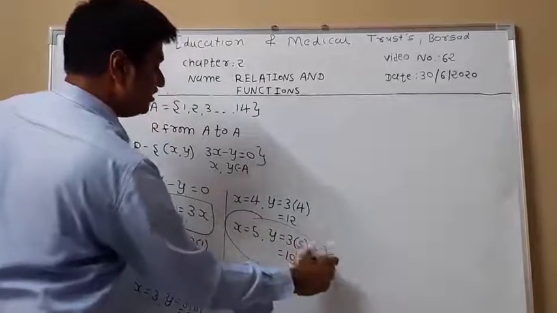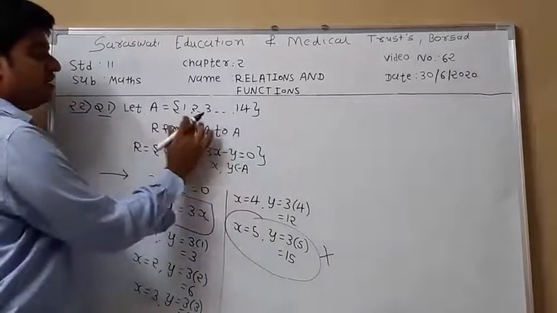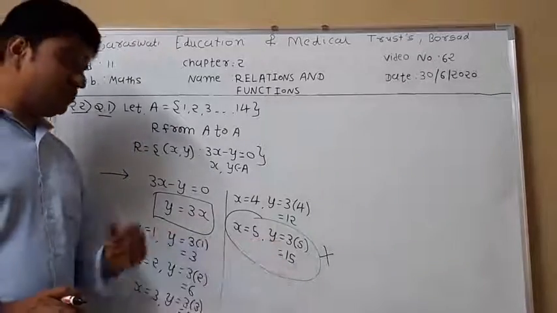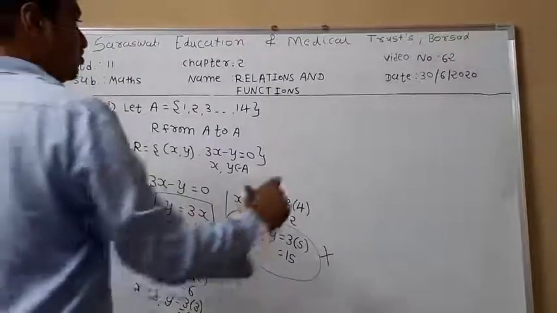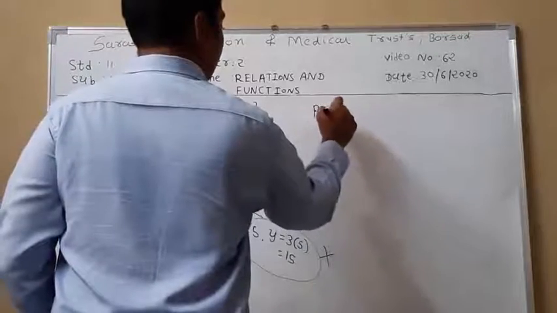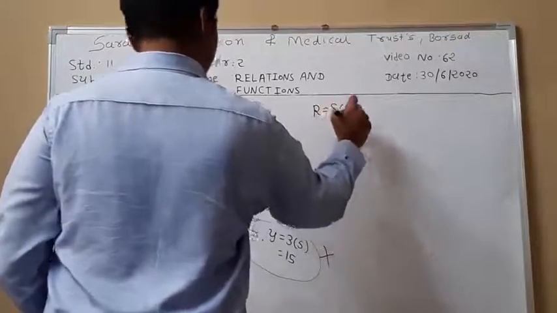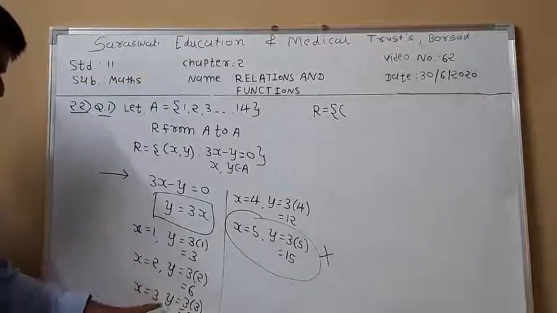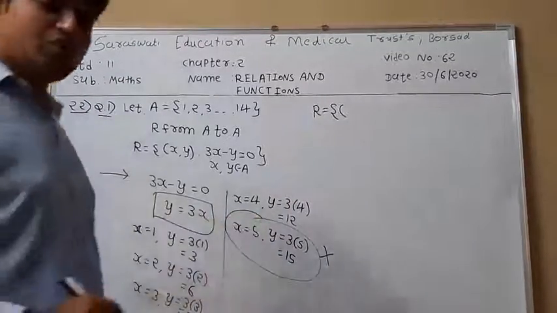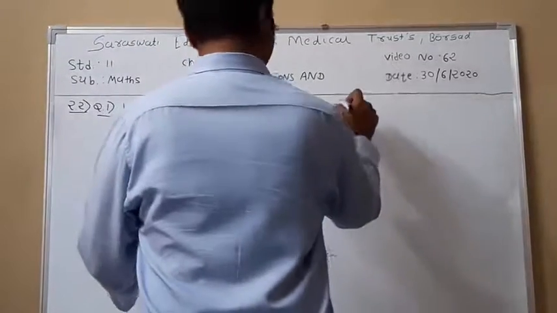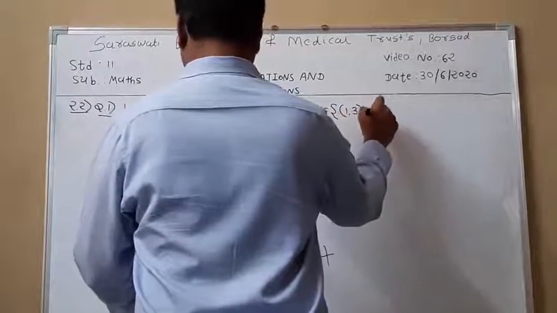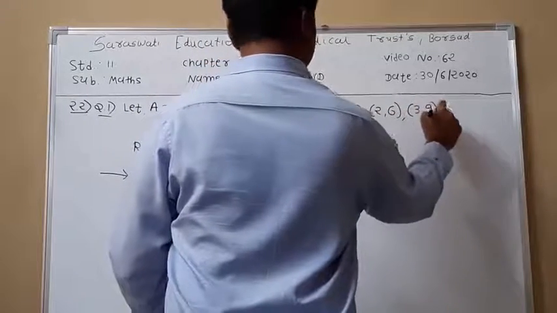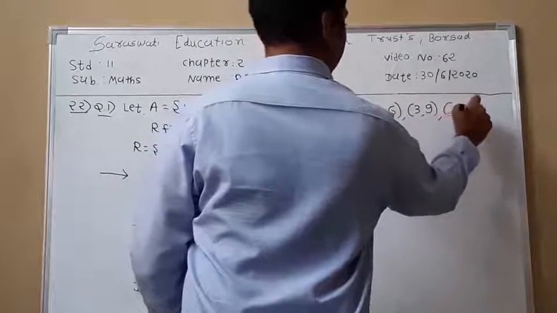But see, in set A only elements 1 to 14 are present, so this element we cannot consider. So we get R is equal to the set of 4 ordered pairs: (1, 3), (2, 6), (3, 9) and (4, 12).